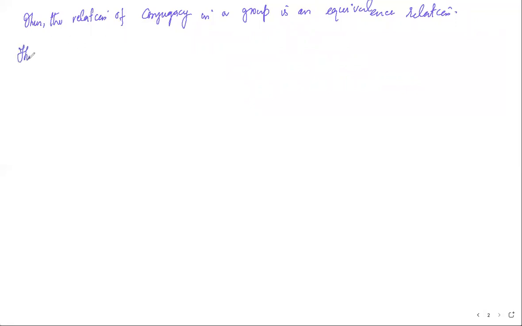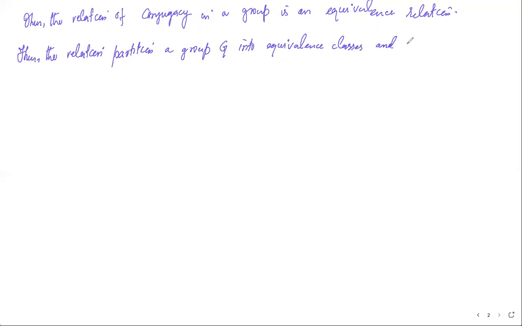So thus, the relation partitions a group G into equivalence classes, and each such class is known as a conjugacy class.